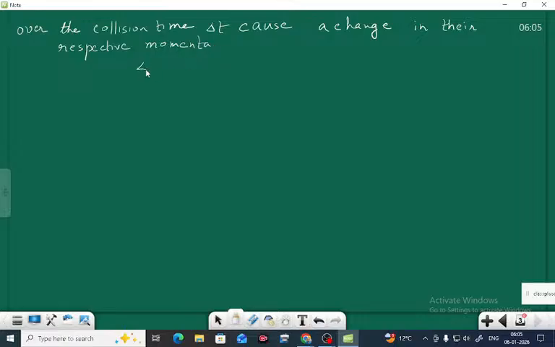So here you get del p1, that is the change in momentum, as F12 del t, and del p2 as F21 del t.